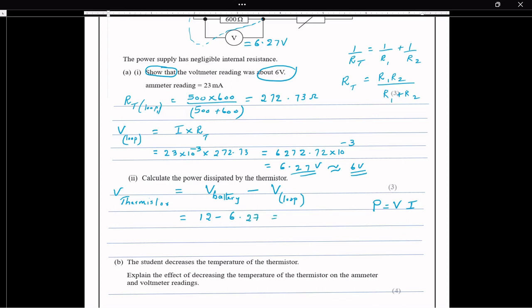This gives an answer of 5.73 volts. This is the voltage across the thermistor.